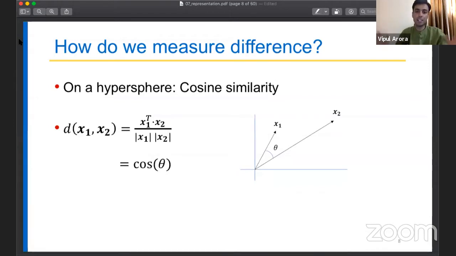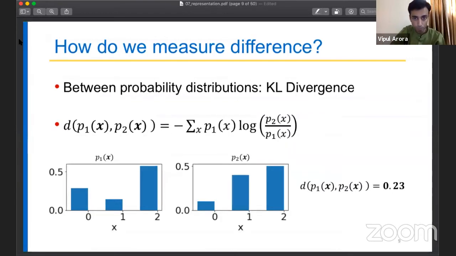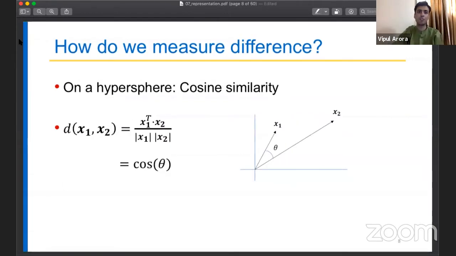That is why it's called similarity. The more the similarity, the closer they are. And why do we call it a hypersphere? Hypersphere means a sphere of unit length vectors, but in any number of dimensions. If it were only 2 dimensions, it would be a circle; in 3 dimensions, a sphere; but in any number of dimensions, in general, they are called a hypersphere.